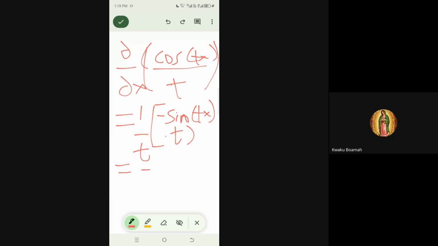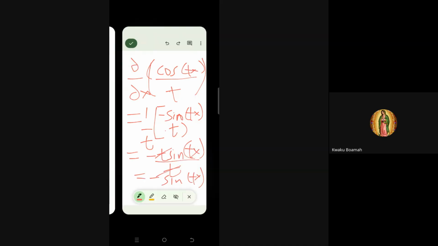So you are going to have negative t sine tx over t. This t will go with this t, so we would have negative sine tx. Please, are we okay?